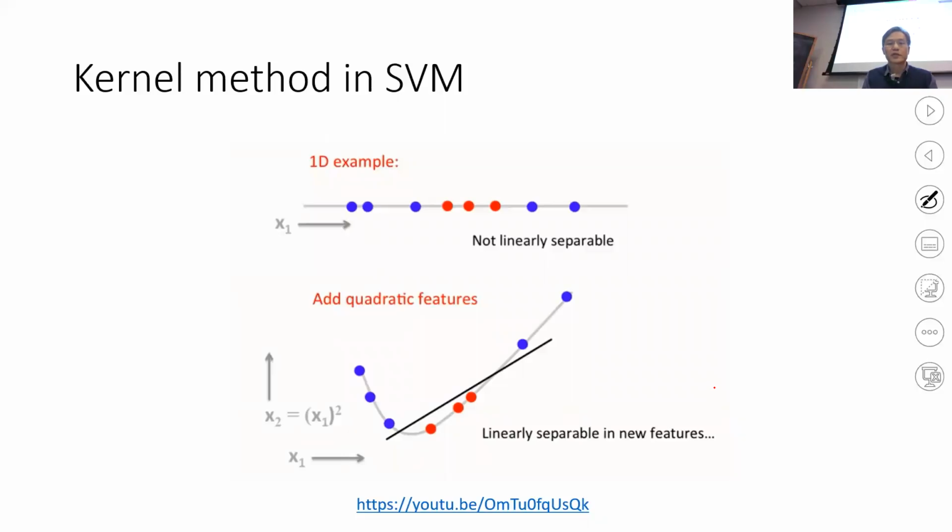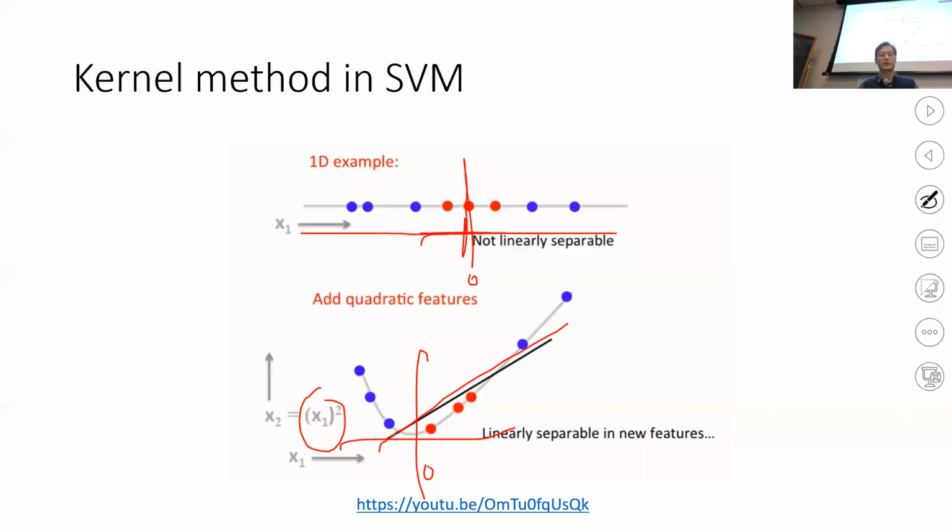That's another illustration, from 1 dimension to 2, using the squared. Those points in the middle of 0, any squared transformation will shape them up, and then you can separate them easily. I believe 0 is somewhere here. Linearly separable after you add that in.